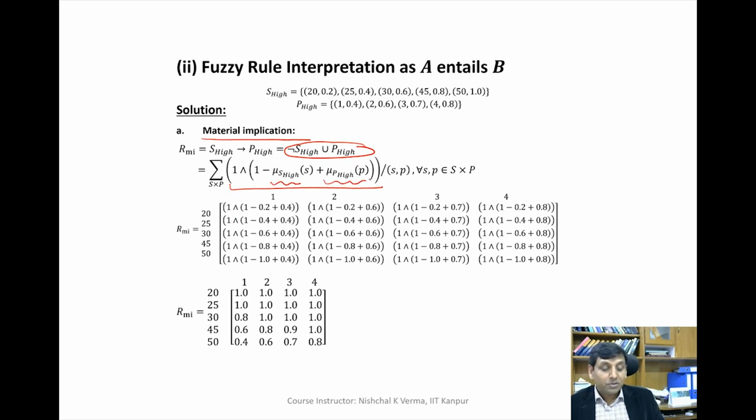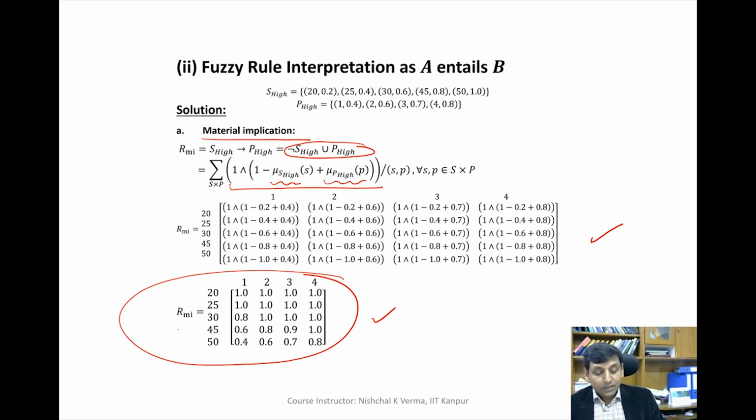So we take both the membership values and then compute the membership value of RMI. So R is the fuzzy relation set for material implication. This way we get this fuzzy relation matrix, and finally when we compute, we are going to get the RMI here like this.